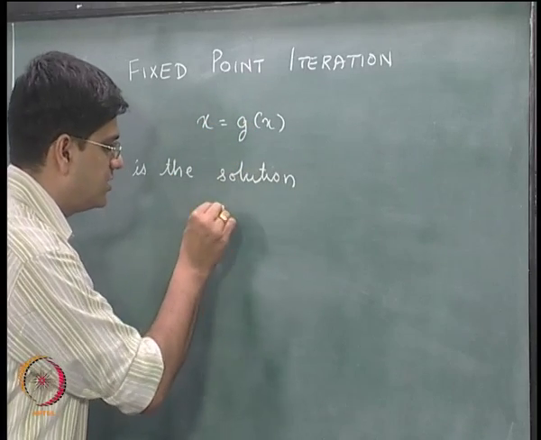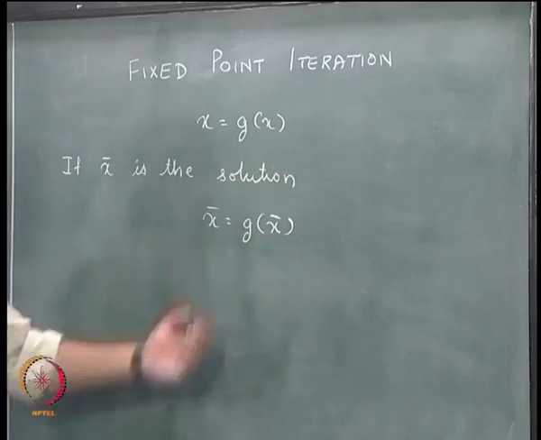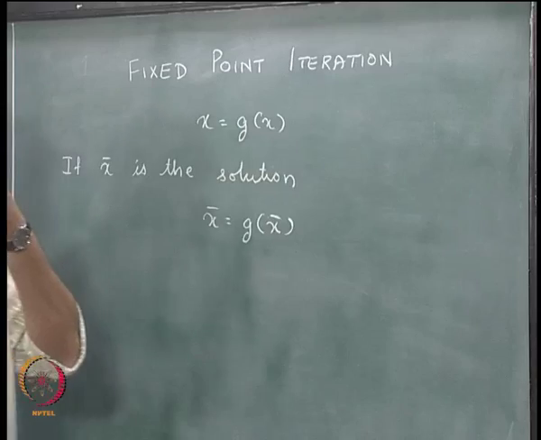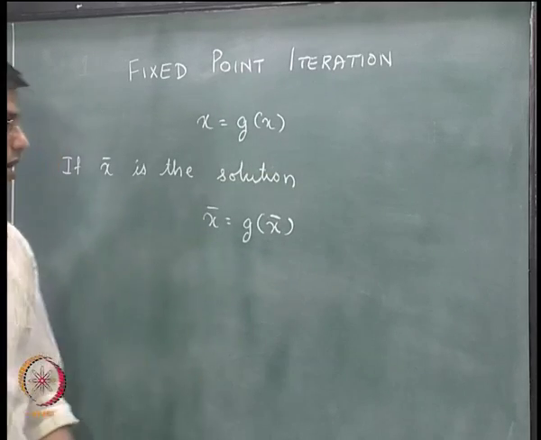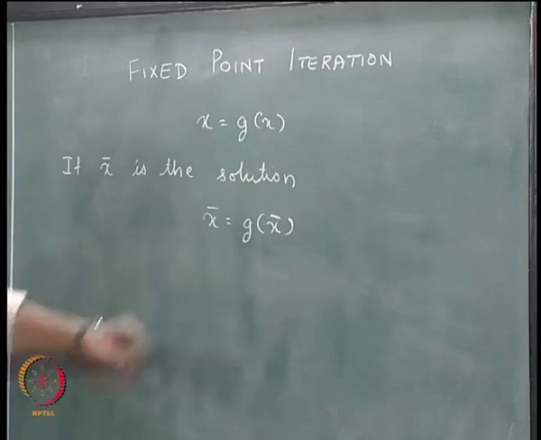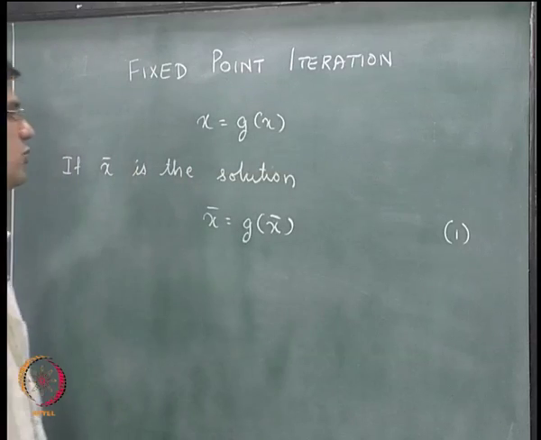So x bar is going to satisfy the equation x bar equal to g of x bar. x bar is going to be exactly equal to g of x bar. That is what we really mean by the true solution of that particular problem. Okay. So let us call this our equation number 1.